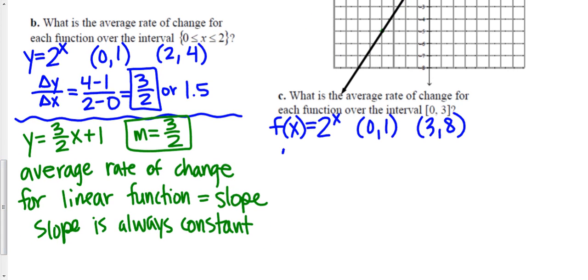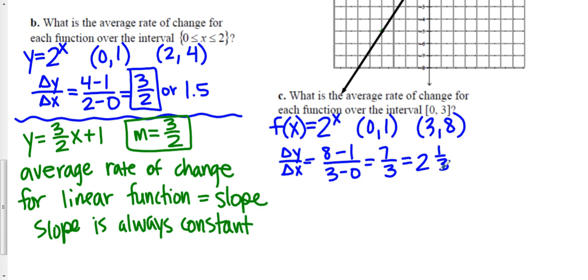And so we're going to do the change of y over the change of x. 8 minus 1 over 3 minus 0. Then I get 7 over 3. We can leave it as 7/3. We are not going to write a repeating decimal. I can rewrite it as 2 and 1/3 if I want.